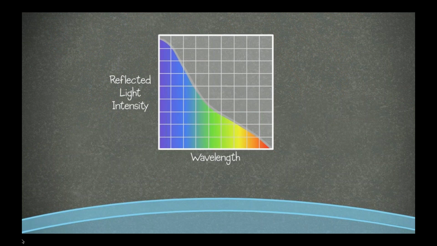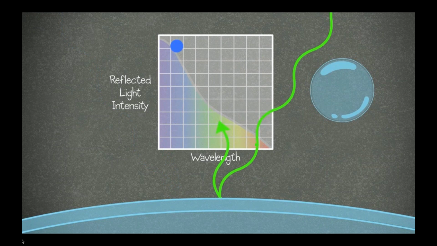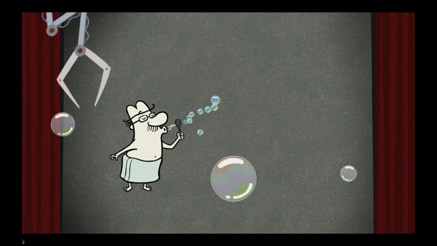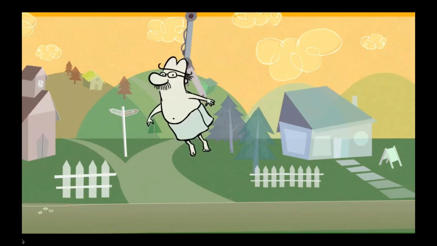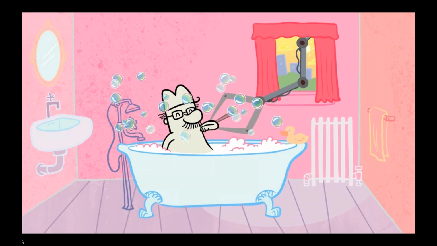We can plot how much light is reflected for the entire color spectrum. This bubble has lots of blue, some green, and very little red, so it appears greenish blue. Since we know how long light waves are, we can look at the color of the bubble and determine the thickness. I'll bet you never thought bath time could be so educational. See, Mr. Squirrely? Measuring thin films is good, clean fun.